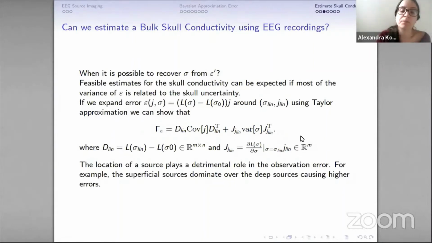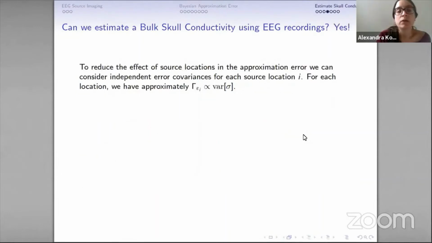So we thought that, to reduce the effect of source locations in the approximation error, we can consider a dependent error covariance for each source location. If we do that, we can see that the covariance of the approximation errors related to single locations is proportional to the variance of the skull conductivity.